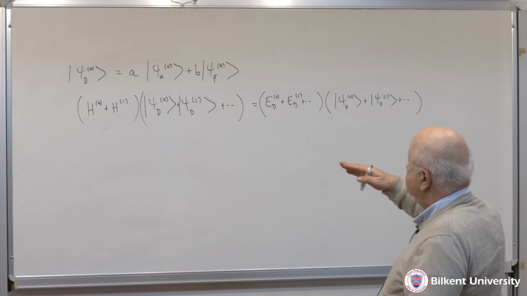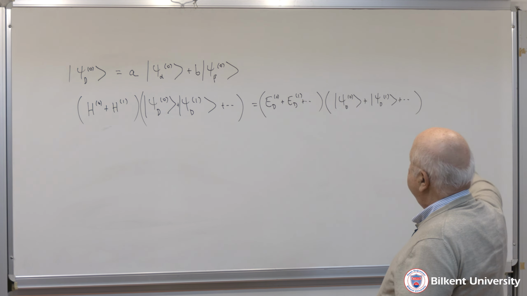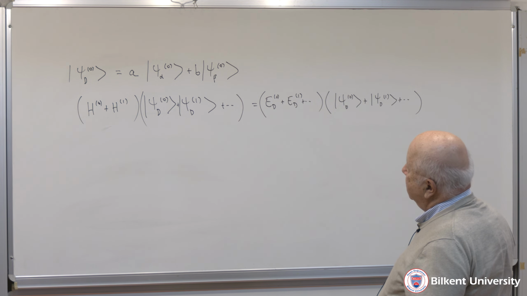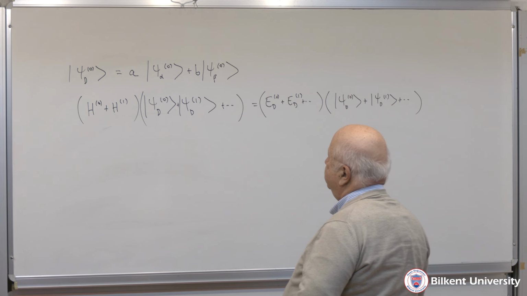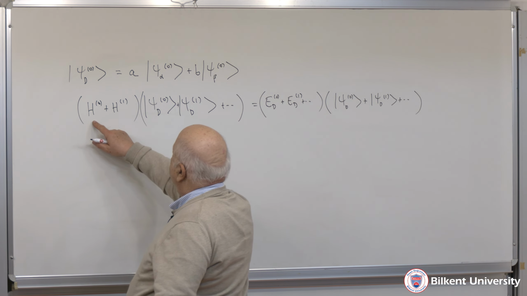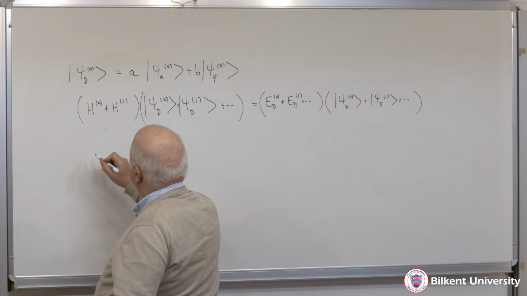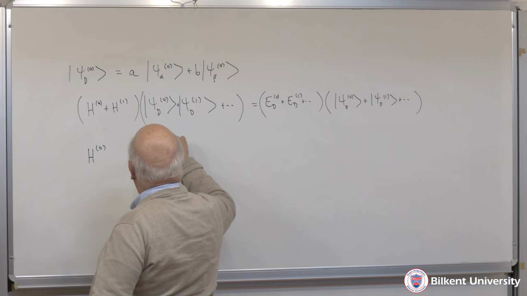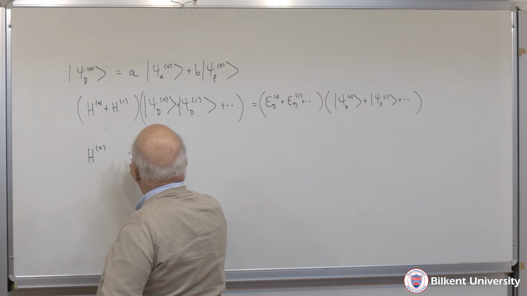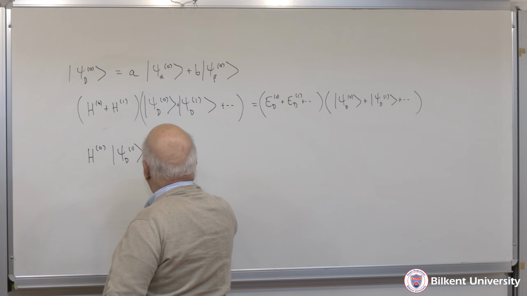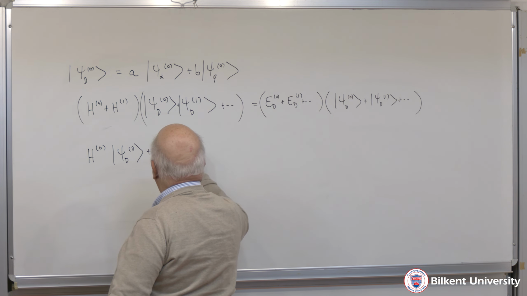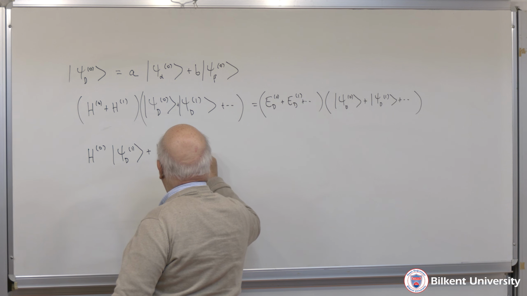We have H0 plus H1, and then this thing just generates higher orders of energy and also wave function. So what's the first order equation? Remember, I combine terms here which add up to first order in the superscript. On the left hand side: H0 psi d1 plus H1 psi d0.